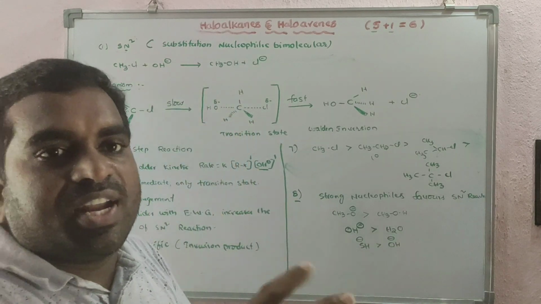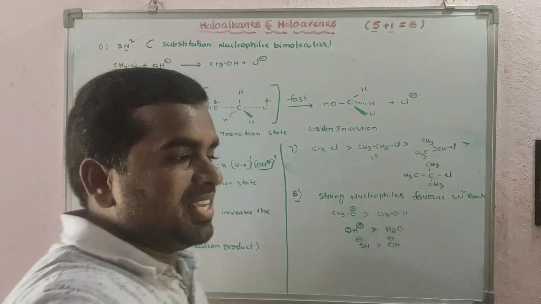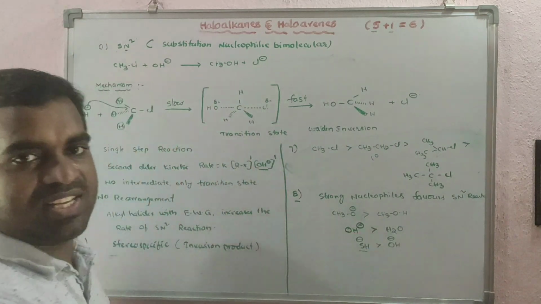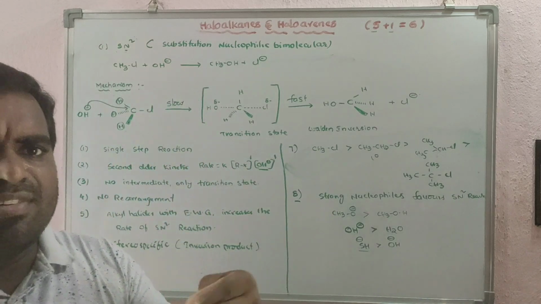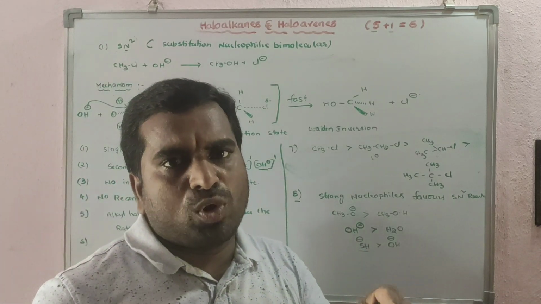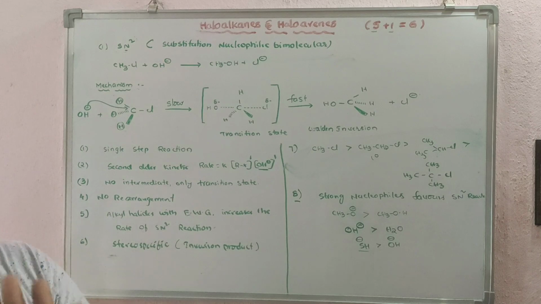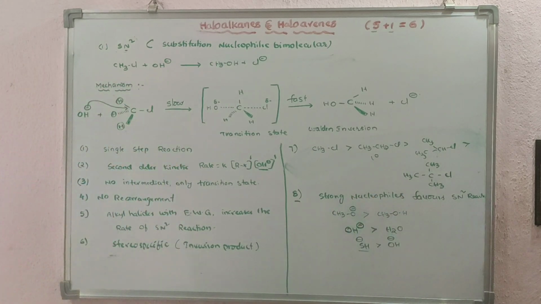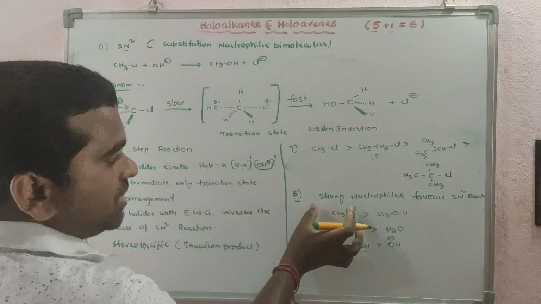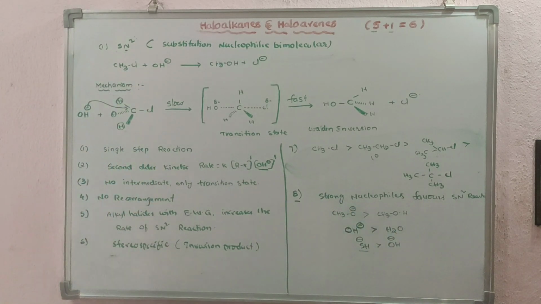Oxygen. So it cannot give electrons as easily compared to SH. So SH is a more powerful nucleophile than OH. Commonly, negatively charged species act as more powerful nucleophiles than neutral species. Clear? So a strong nucleophile favors the SN2 reaction.